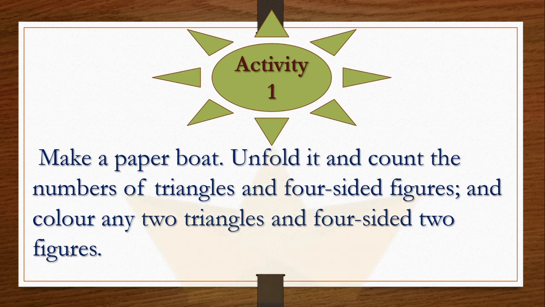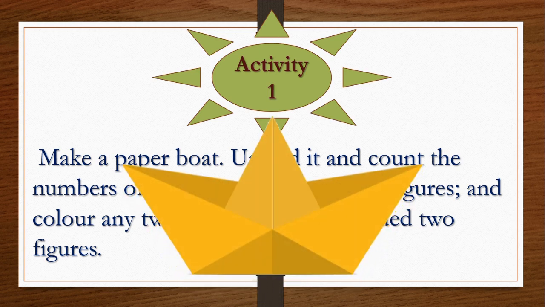Here I will show you the boat. See, this is our boat. Dear children, you have to make a boat like this with the help of paper. Take your mother's help or your sister or brother's help, because you are at home now. Otherwise, you can take your neighbor's help also. First you make the boat, then you unfold it, means open it.